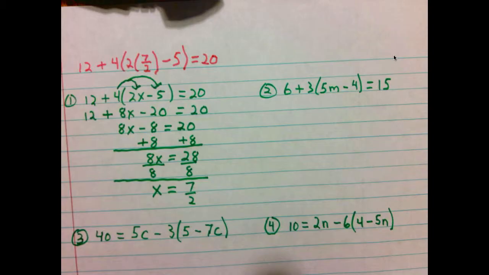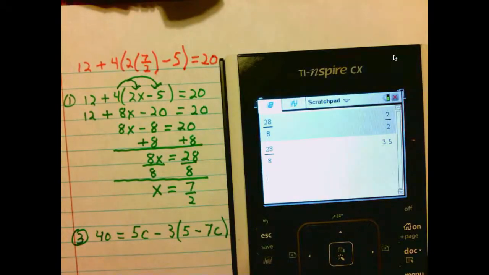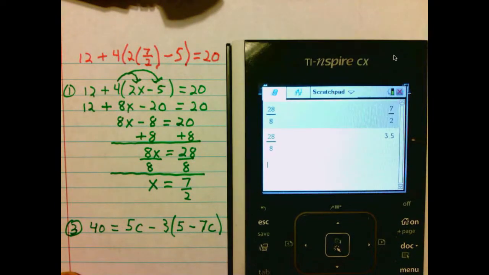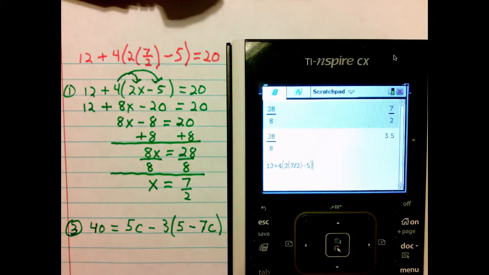All right. I will use the calculator to evaluate the left expression. 12 plus 4, open parentheses, 2, second open parentheses, 7 divide 2, close, minus 5, close.